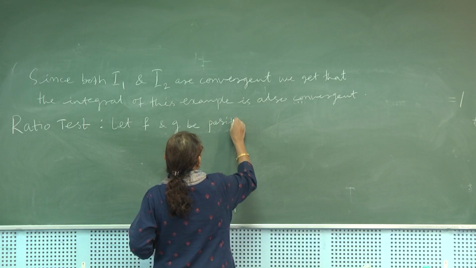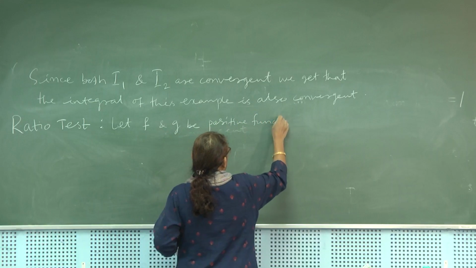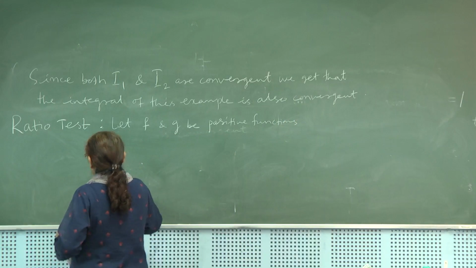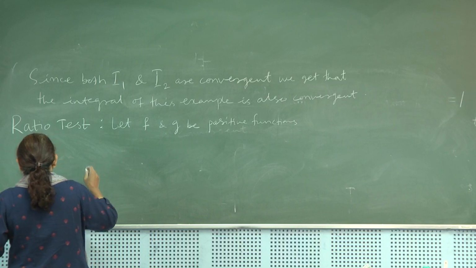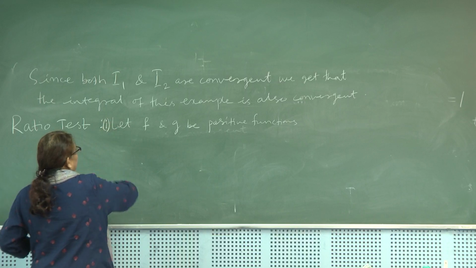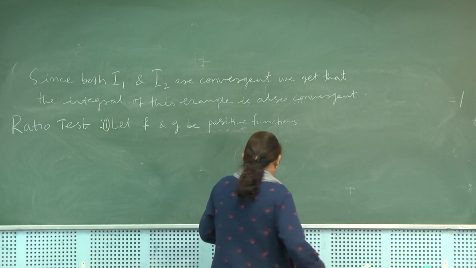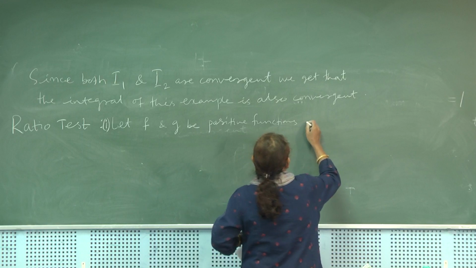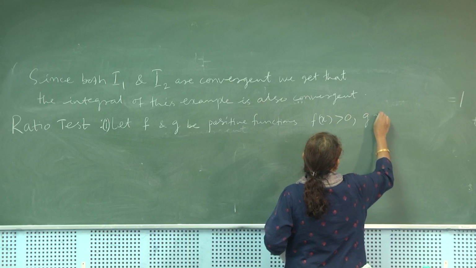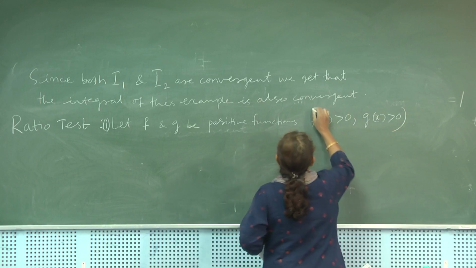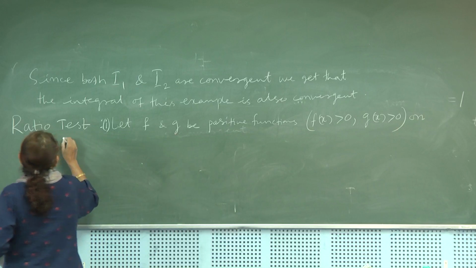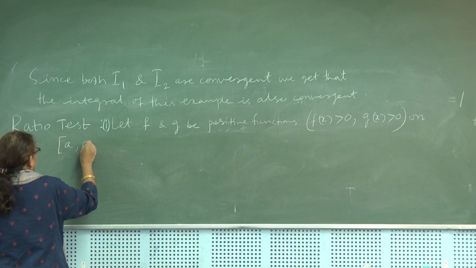Here we are looking into type 1, so this is the first bit. Positive functions on this interval means f(x) is greater than 0 and g(x) is greater than 0 on the interval a to infinity.